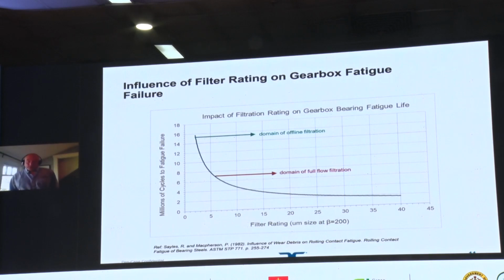Whereas if we reduce our micron rating through offline filtration, we could potentially get 14 to 16 million fatigue cycles before that bearing will fail. So you can see the impact is approximately an expectation of doubling the life of the gearbox. And of course, from a financial perspective, if you can get twice the life out of a gearbox, that's a very significant cost savings.